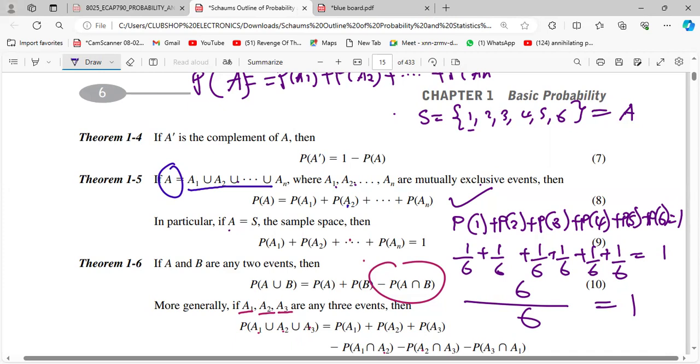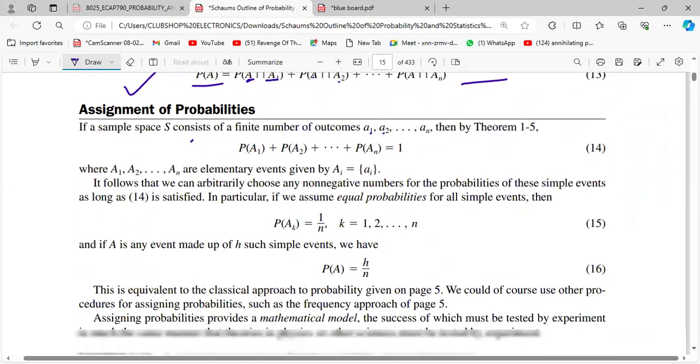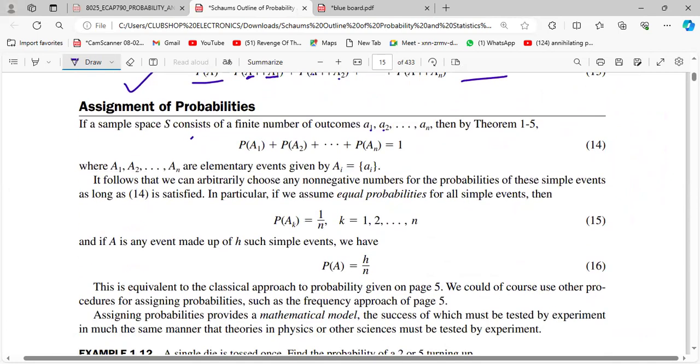That is, A is the union of different events. So by this theorem, the probability of A1 plus the probability of A2 plus so on plus the probability of AN is equal to 1, where A1, A2 up to AN are elementary events.